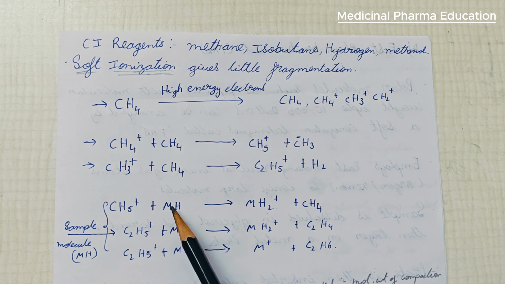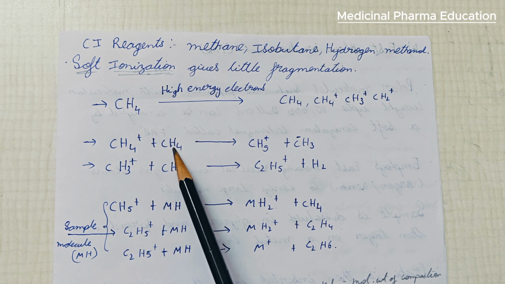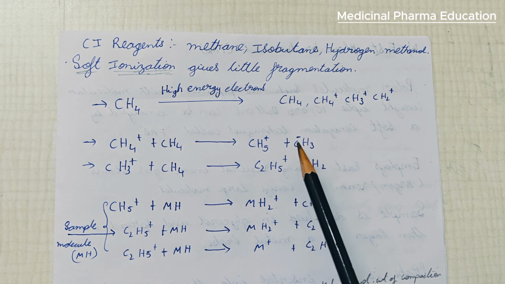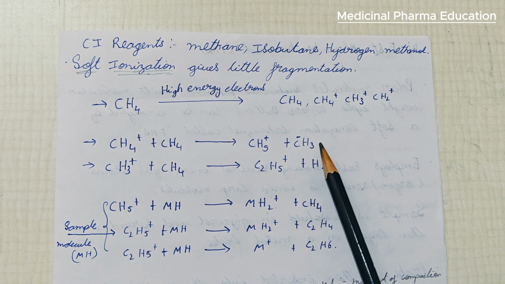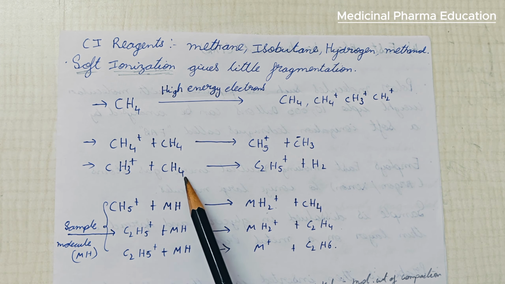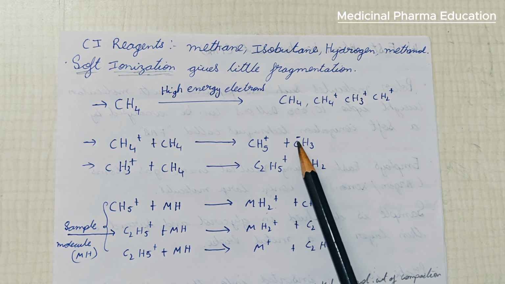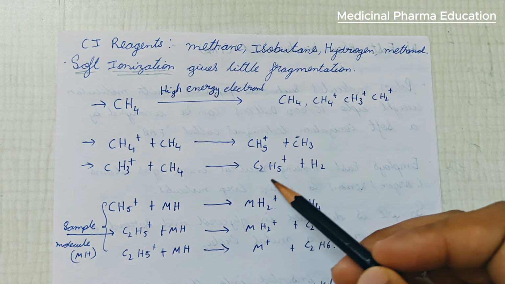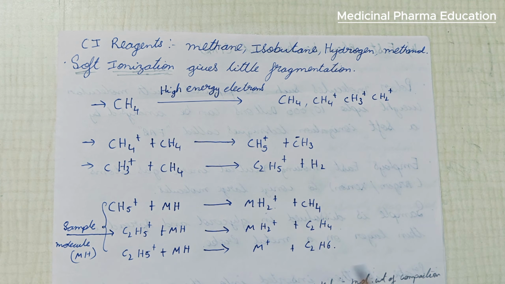CH4 plus with CH4 gives CH5 plus and CH3, and CH3 plus with methane gives C2H5 plus and H2. These two ions are highly reactive and ready to react.